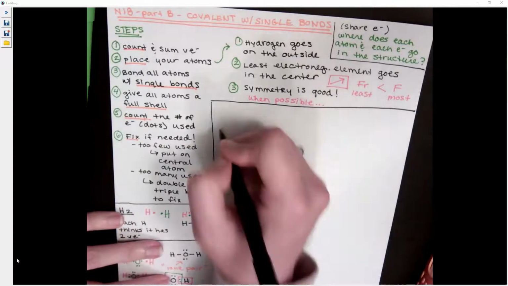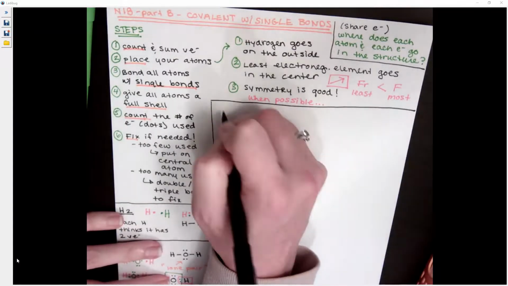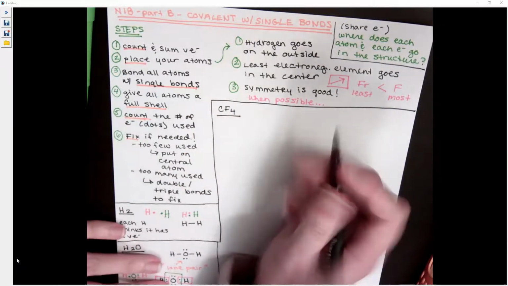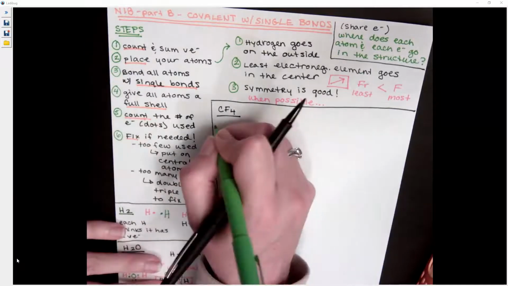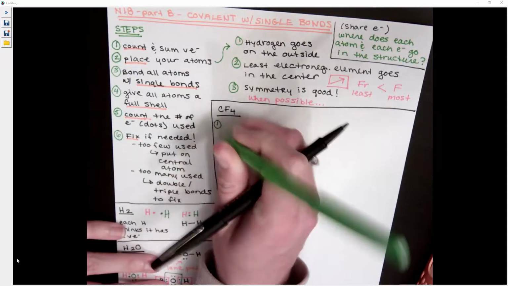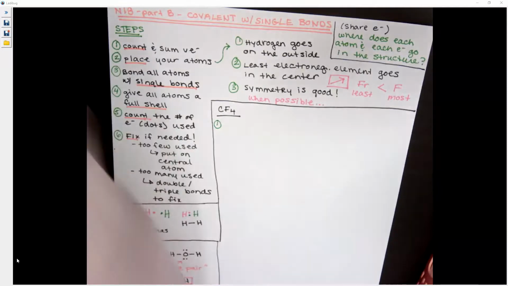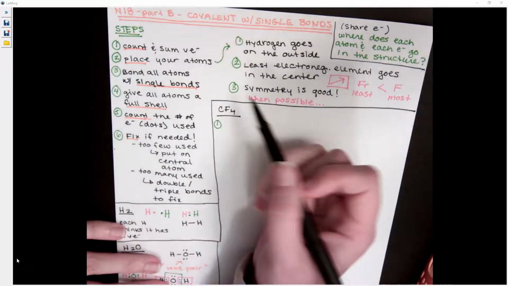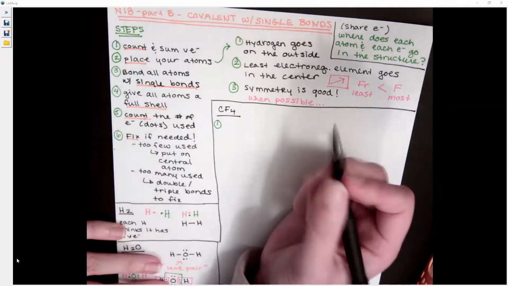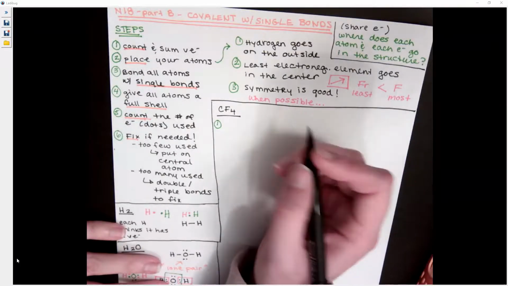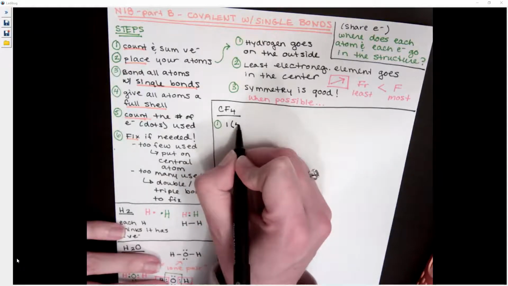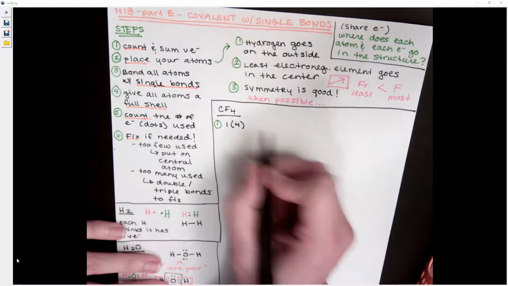So now let's do CF4. Well, step 1, oops, sorry about that, I'm throwing my markers everywhere. Okay, step 1 is that we need to count and sum our valence electrons. So I have 1 carbon. Carbon comes with 4 valence electrons.